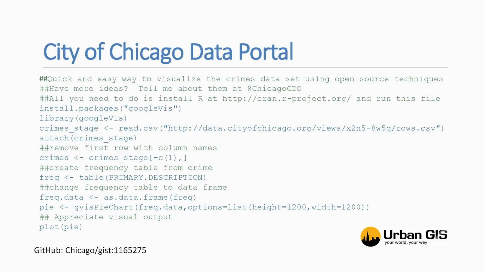So all they do here is bring in the data in a CSV format, and they make this data available in many different formats. This example just uses the CSV. And then they just create a simple pie chart.